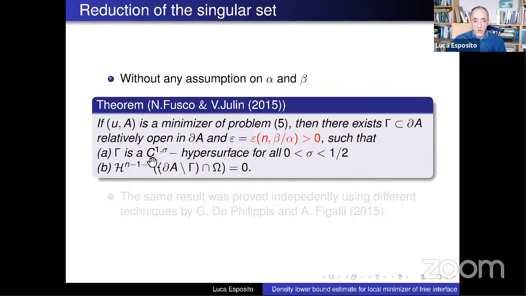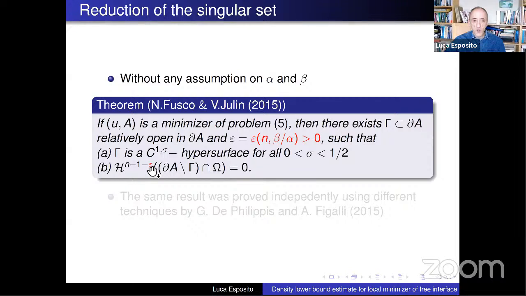And the complement of this capital gamma, that is the singular part, has measure 0 with respect to the n-1 minus epsilon dimensional Hausdorff measure.